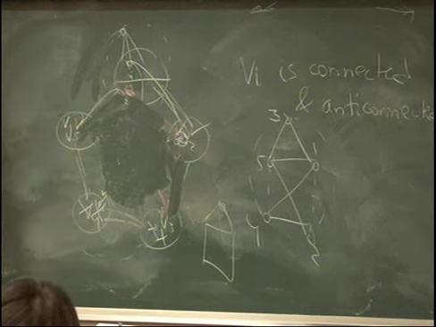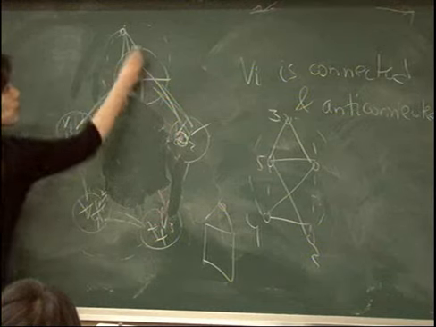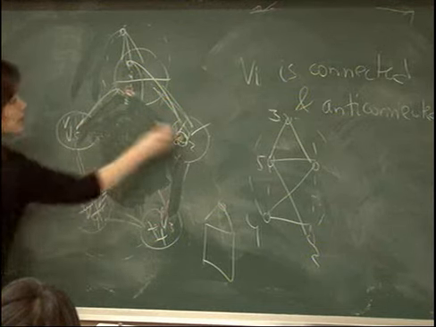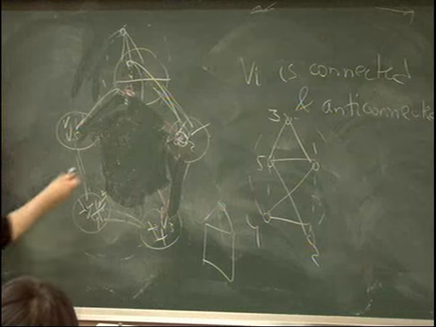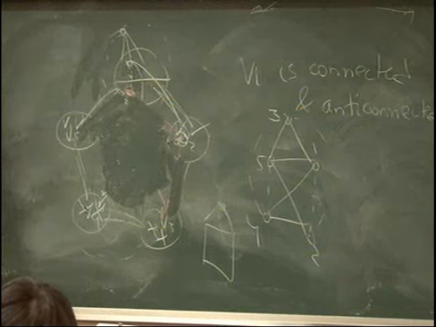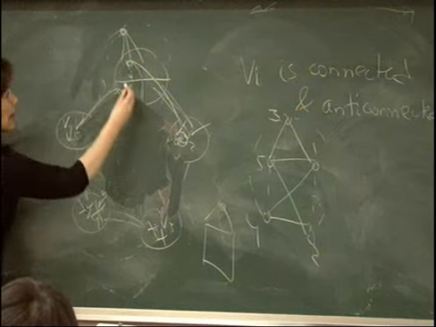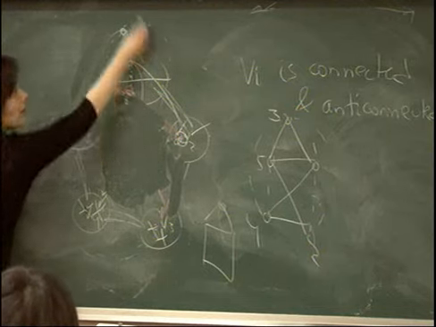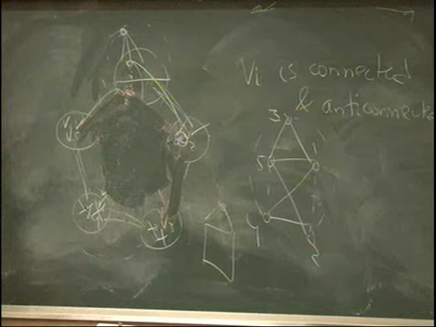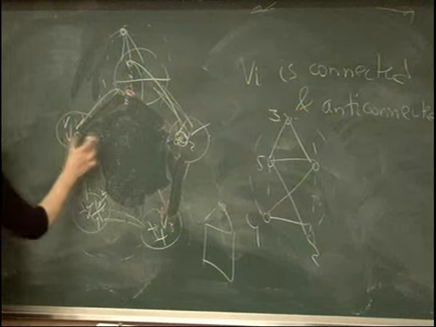Now I claim I can add it to the structure. What was the definition of this set? These are people that are complete to this plus that, anti-complete to this plus that, and this set is both connected and anti-connected. Well, I can add V because V has a neighbor. Since V has a neighbor here, this is still connected. Since V has a non-neighbor here, this is still anti-connected. So my structure wasn't maximal after all. Okay, so that was the case when I was complete to those two.